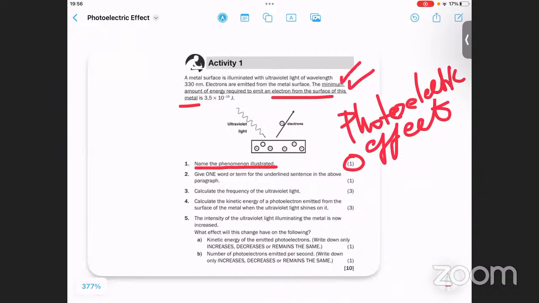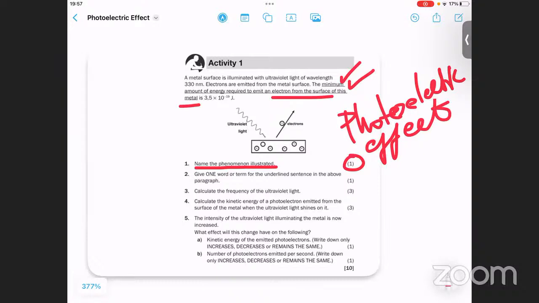So that minimum amount of energy that is required to emit an electron from the surface of the metal is called the work function or the threshold. It is the minimum. Now it makes sense, Augustino.